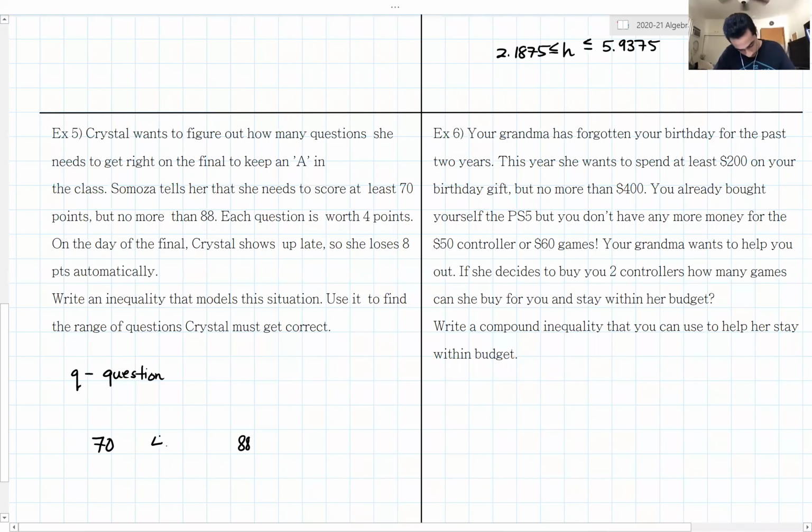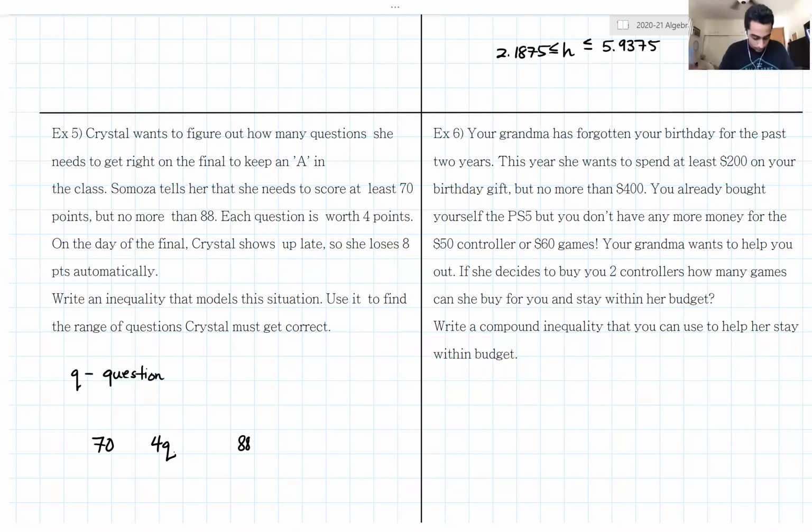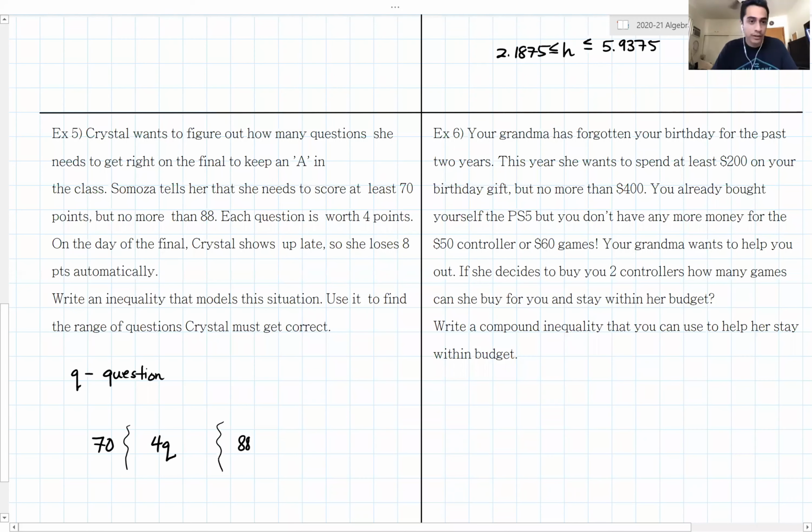So we have 4Q. This is kind of my meat, the inside part. I haven't drawn my inequalities yet, but I just want to focus on the equation for now. 4Q is the amount of points you would get by answering the questions correctly.